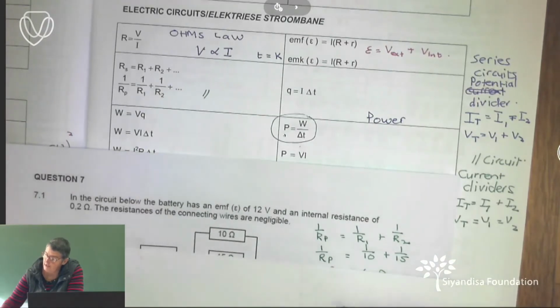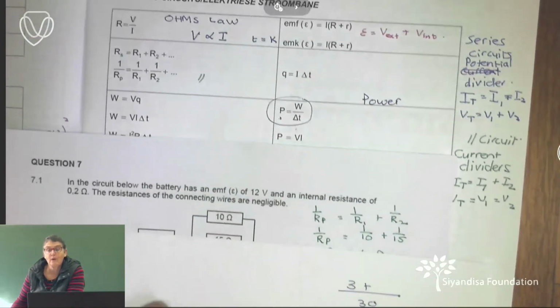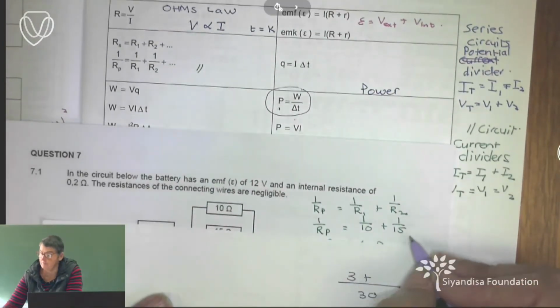Okay, remember what you can do is you've got to get a common denominator. So I'm going to make my common denominator 30. How did I get from 10 to 30? I multiplied by 3. If I multiply by 3 at the bottom, I must multiply by 3 at the top. So I get 3 plus. How did I get 15 to 30? I multiplied by 2.